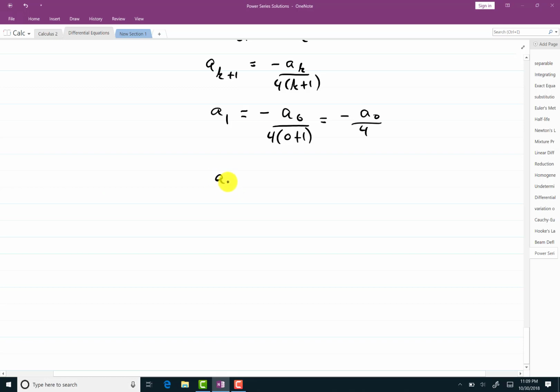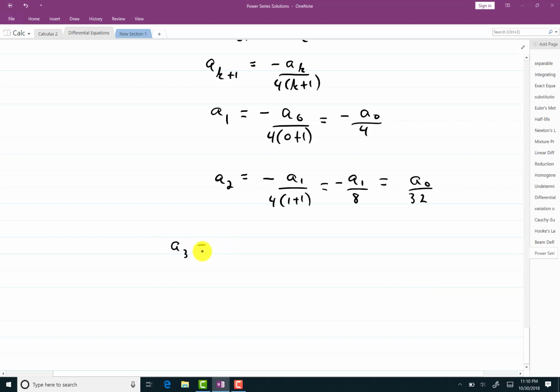A sub 2, using the same formula, should equal negative a sub 1 all over 4 times 1 plus 1. That's negative a1 over 8. But a1 equals negative a0 over 4. The double negatives will cancel, and I'll get a sub 0 over 32. So I got a sub 2 in terms of a0. I'm going to give myself a little more room.